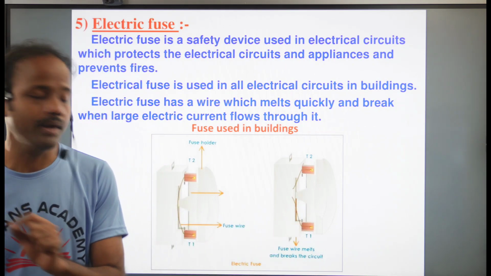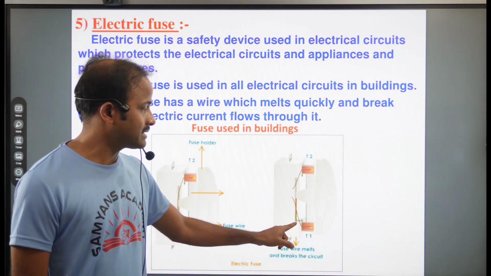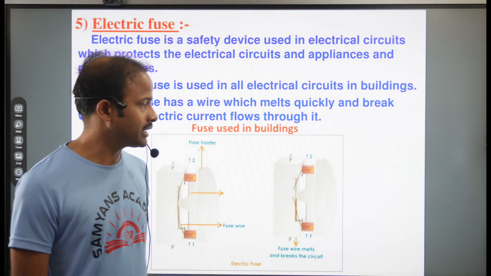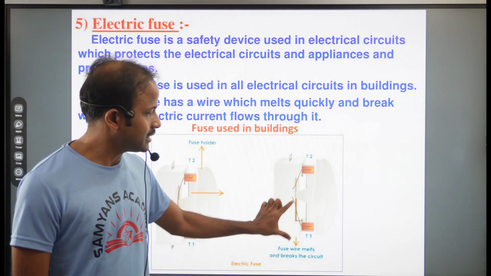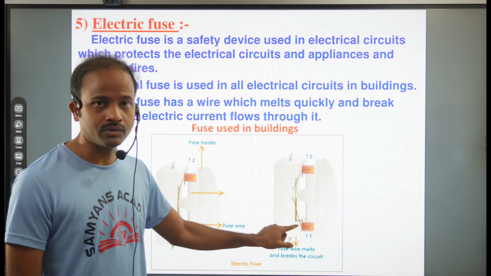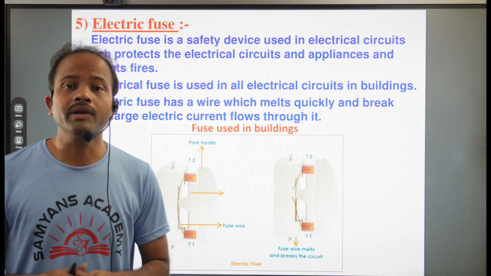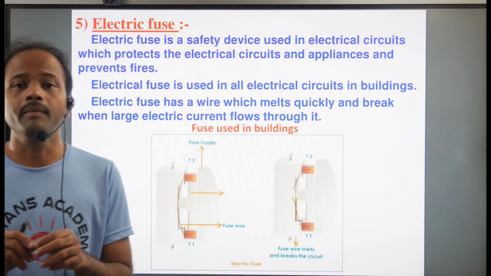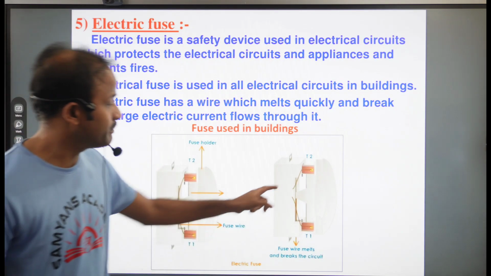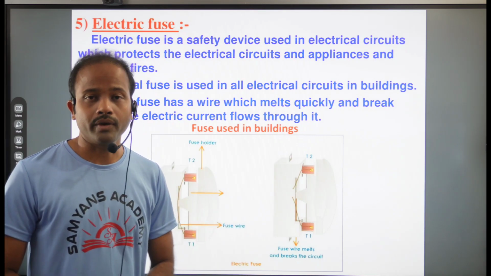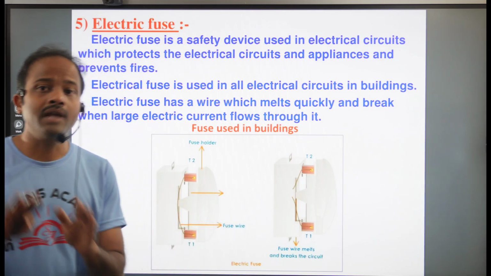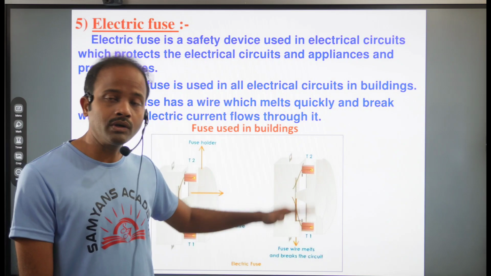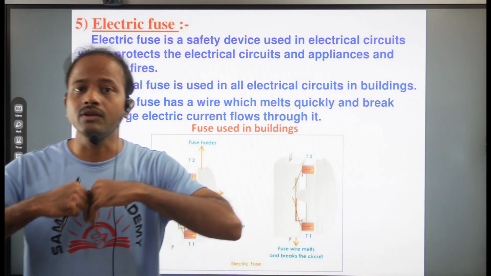At that time, what will happen? When excess current moves through this electric fuse, the wire connecting the two terminals in the fuse gets heated up, and because of that heat it will melt and break, which stops the electric current here only. It won't allow the excess electricity into our home.